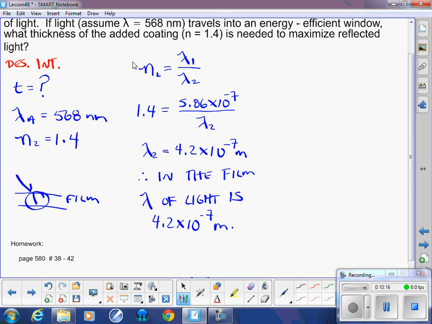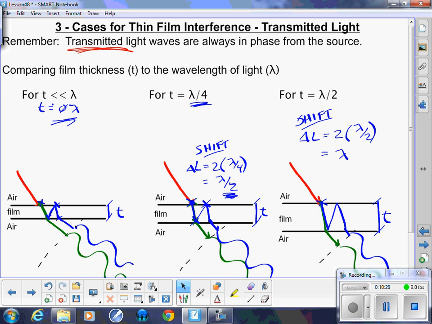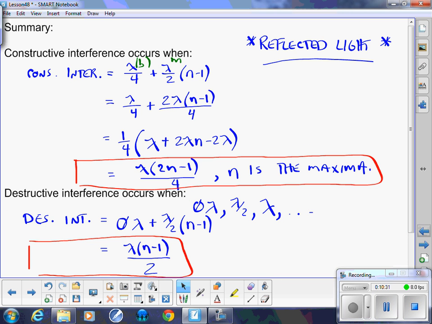So I want to cause maximum reflection, or maximum destructive interference. So we go back to our formula pages. If I want to maximize my reflected light, I know that it's going to be lambda over 4.